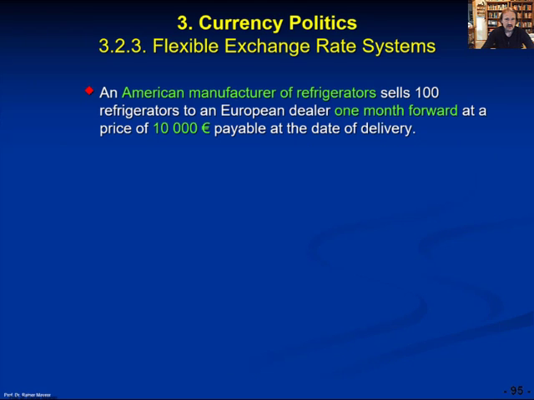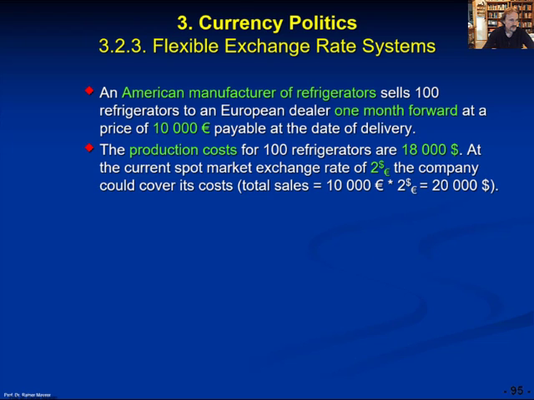Now let's assume that the other company is an American manufacturer who sells 100 refrigerators to a European dealer 1 month forward also at a price of 10,000 euro payable at the date of delivery 1 month forward. The production costs for the 100 refrigerators are $18,000 at the current spot market exchange rate of $2 per euro.